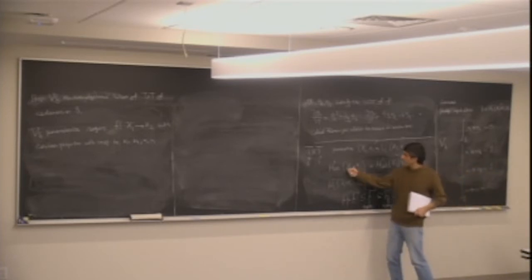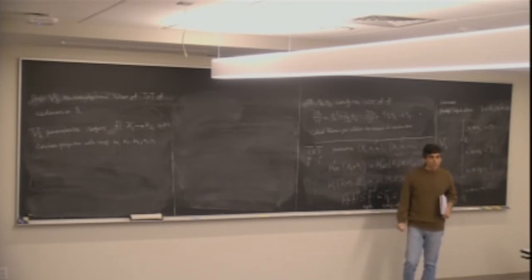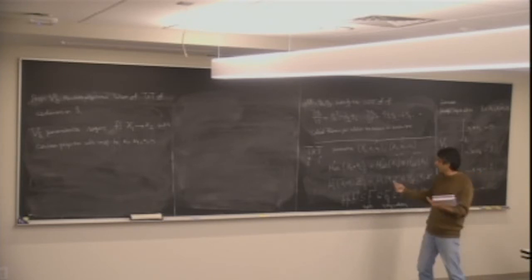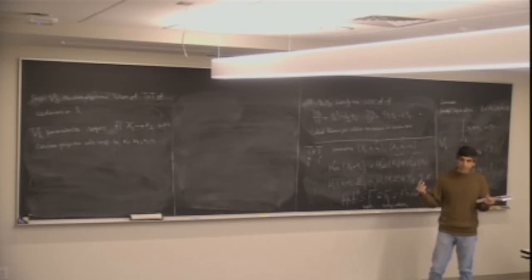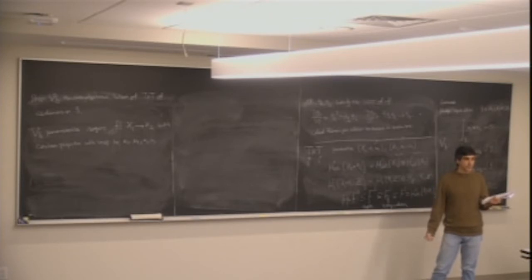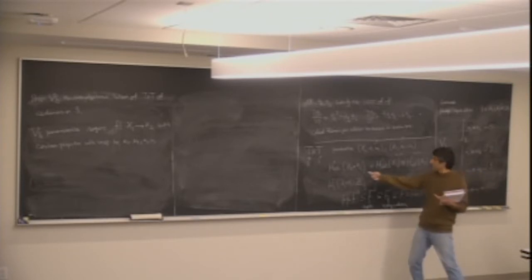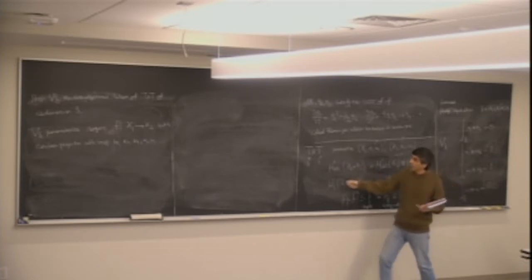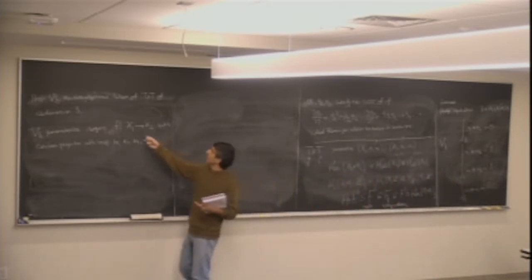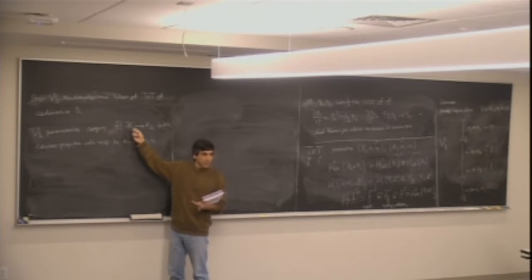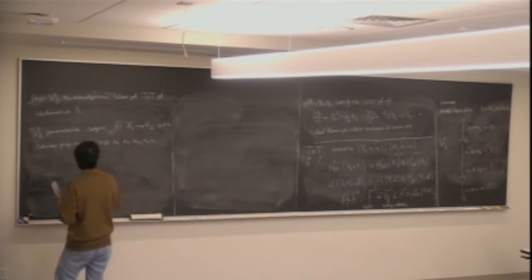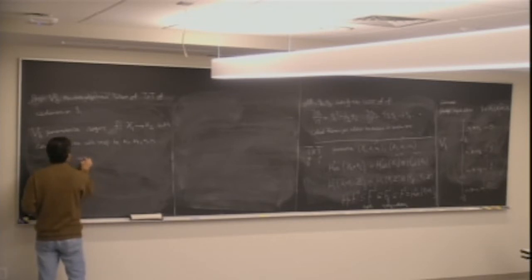This is a map from X1 to X2. And once you have an isogeny f, the graph of this f will be a curve in X1 times X2.